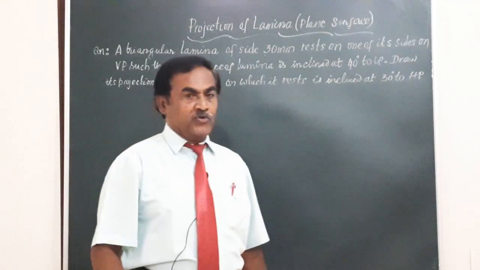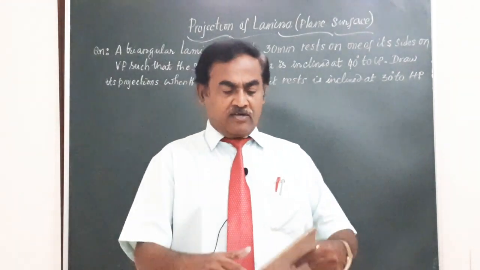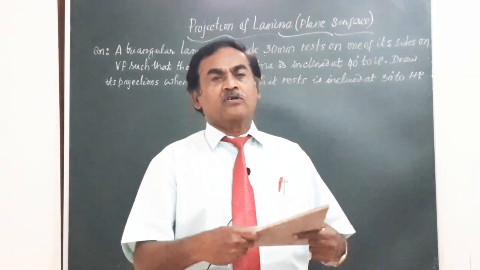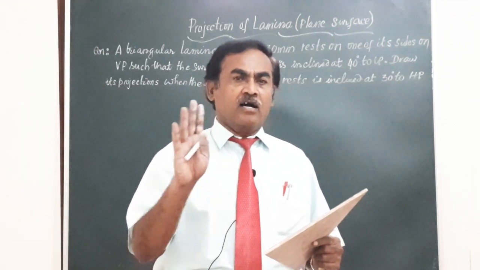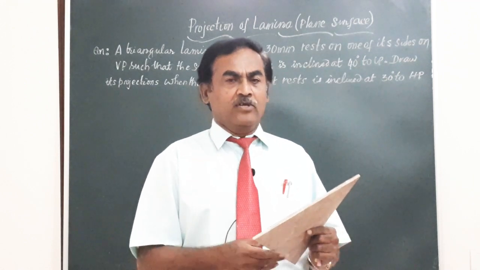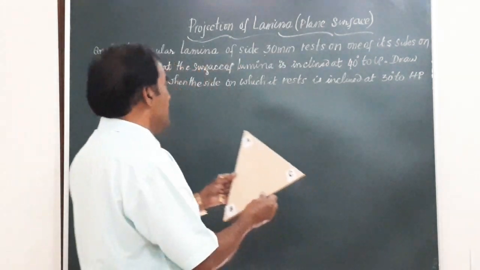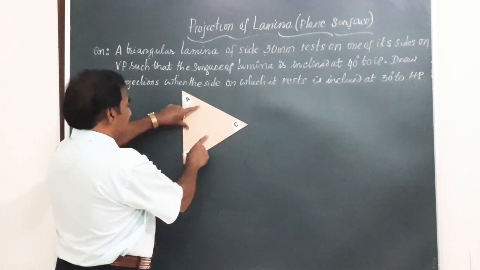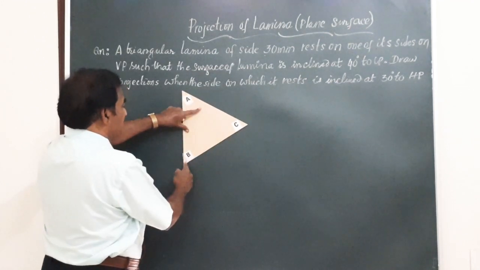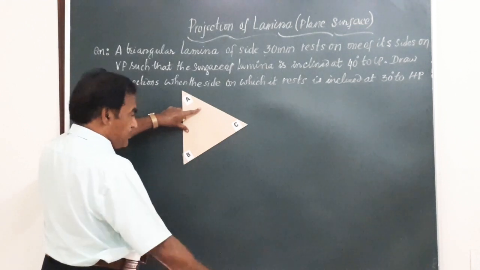So, friends, I have told you in the previous sessions that whenever any lamina is to rest on VP, either on its corner or on its side, you have to just assume that the lamina is pasted to the wall or the VP such that one of the sides, AB, is perpendicular to the HP.